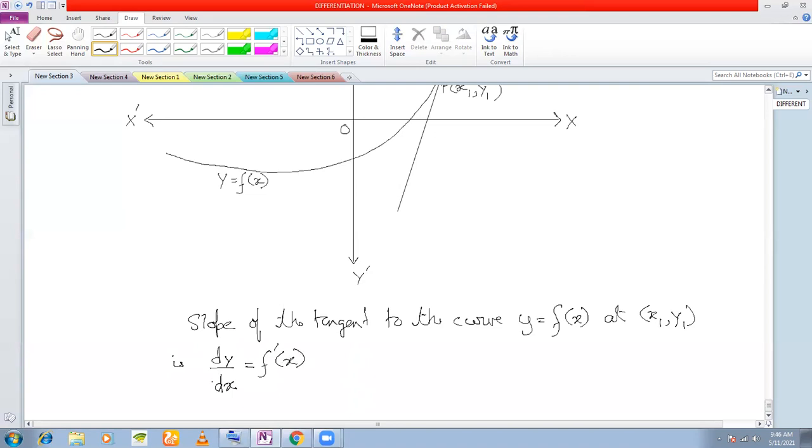If you simply differentiate the equation of the curve and you put the value x1 and y1 in that equation, you will get the slope of the tangent.